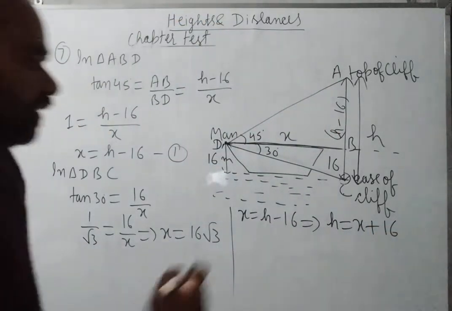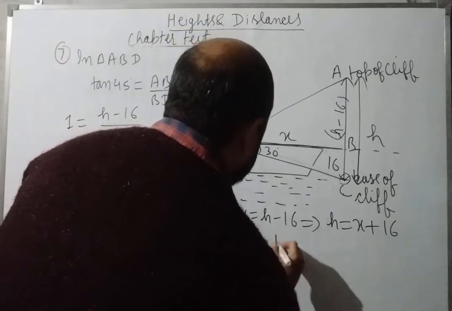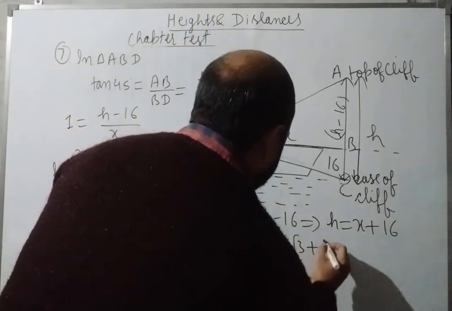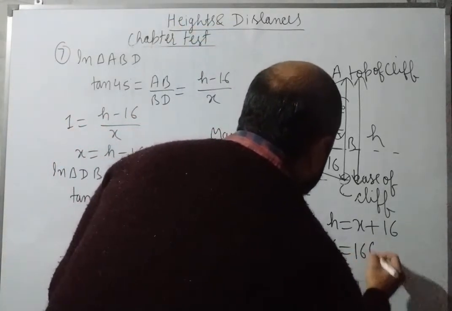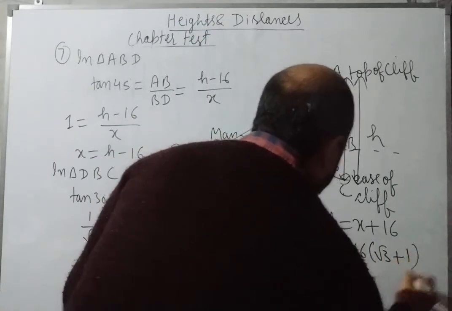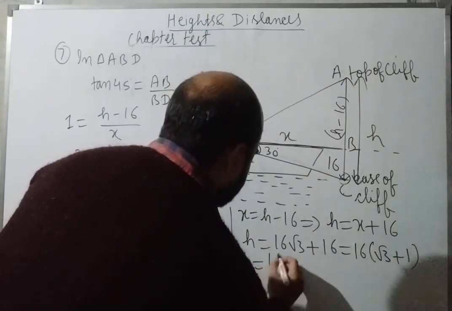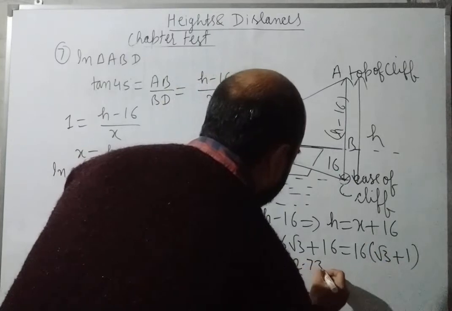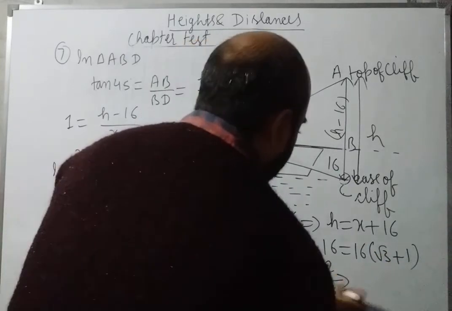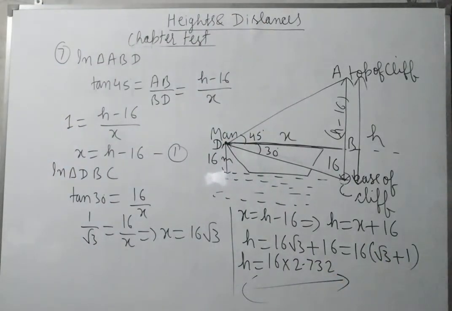Correct? So h will be x plus 16 and x is 16 root 3, so h is 16 root 3 plus 16. It means 16 into root 3 plus 1. So h will be 16 into 2.732. Now you can multiply. Correct.